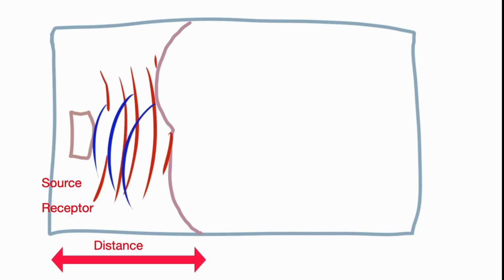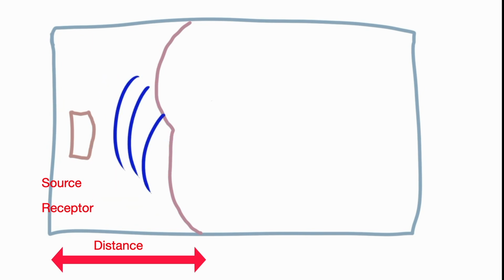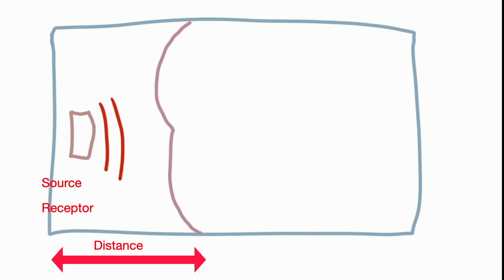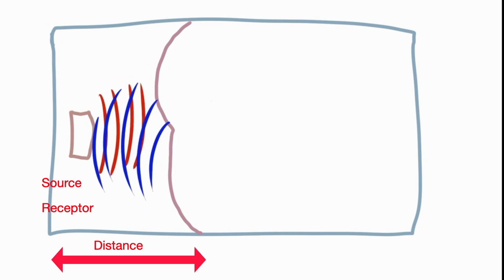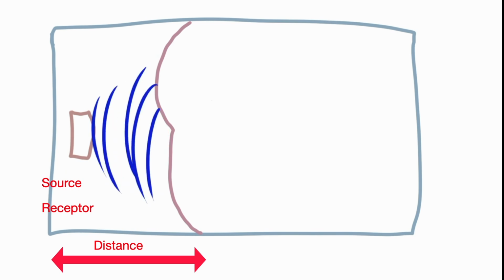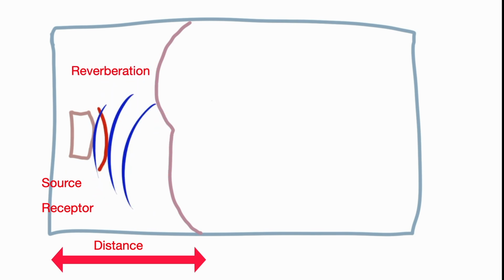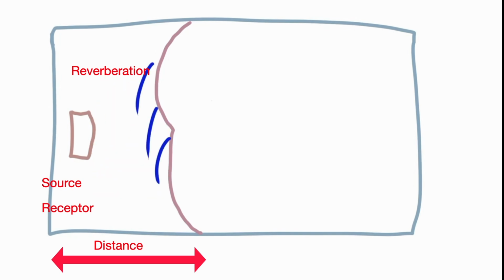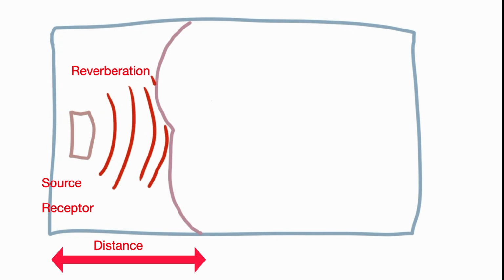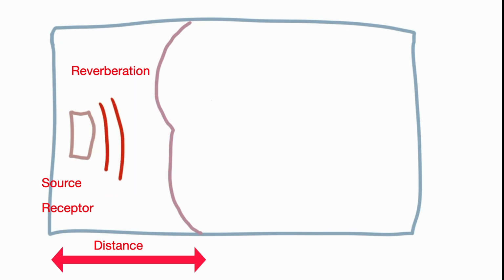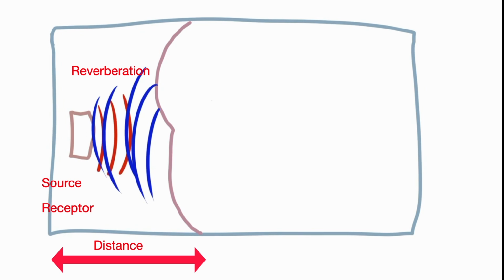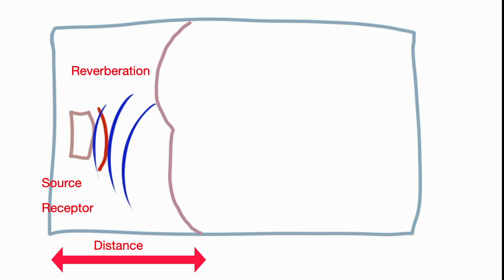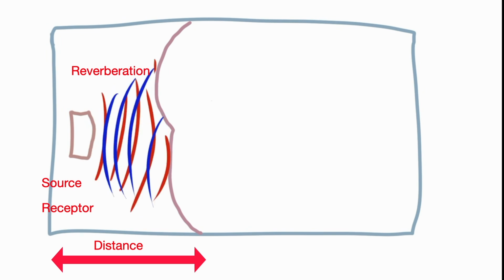And that's because there is a smaller distance, and that makes the receptor not able to discern if the sound is the sound emitted or the echo. And that is what we call reverberation. So reverberation is a fast echo from a highly reflective surface that is causing our receptor not to be able to distinguish between the first sound emitted and its echo.